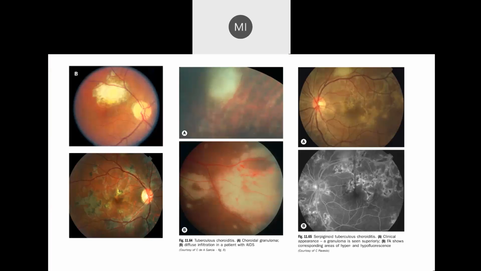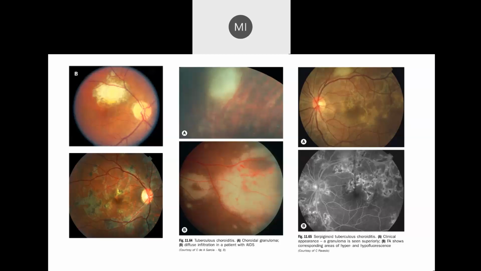These are more examples. The first fundoscopy on top left shows a poorly defined border of yellowish lesion, which suggests a tuberculoma at the superior temporal, and the diagram below that shows serpiginous hyperpigmented multiple lesions. Then at the center, again, tuberculous granuloma and a diffuse infiltration of granuloma can be seen in a patient with AIDS.